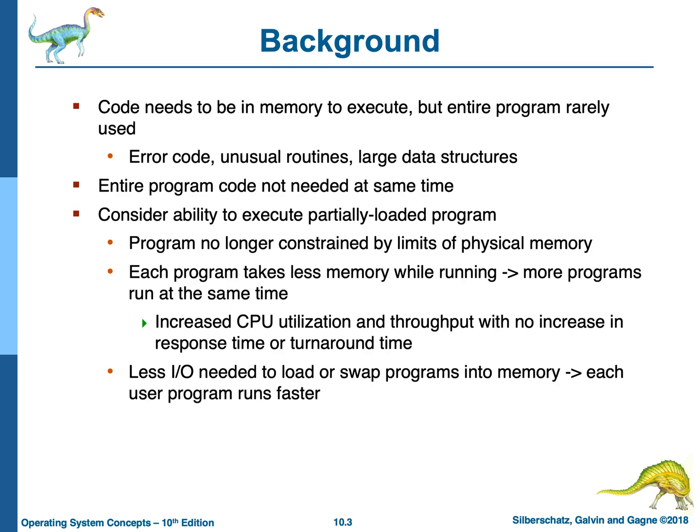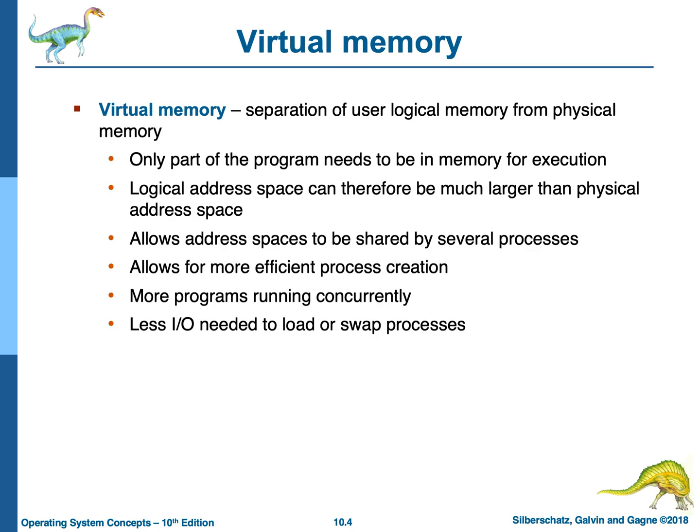Now consider the CPU: if you don't load the entire program into the system, the degree of multiprogramming will increase, CPU utilization will also increase, and the throughput may also increase.